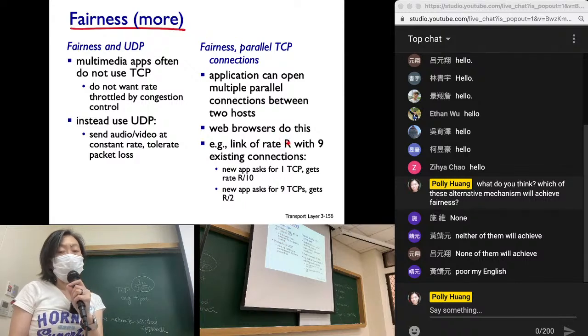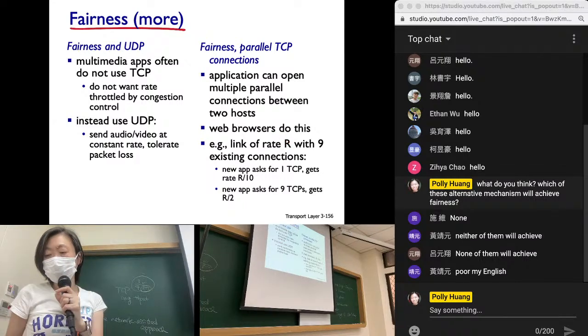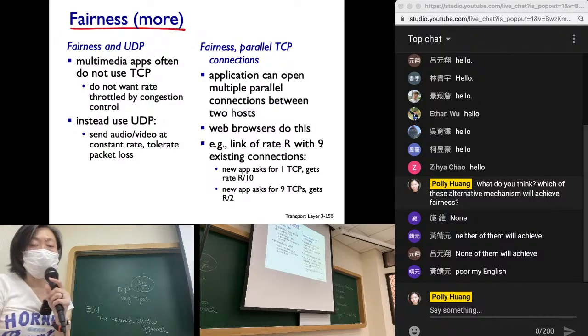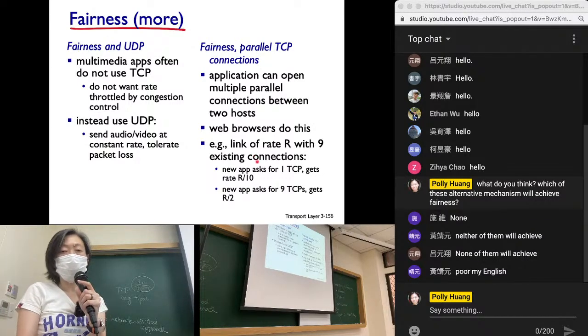So let's consider why having parallel connections is not that fair. If we have a link in the middle, the rate is R. And there are already 9 applications, each starting 1 connection. Then each application and each TCP connection gets 1/9 of the rate. What if we start a new application, and this new application is asking for just 1 TCP?